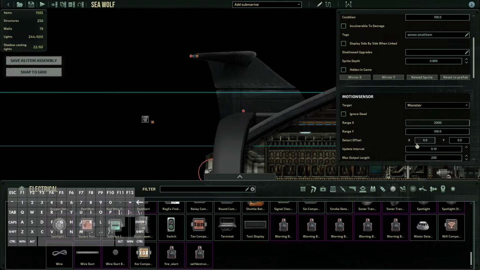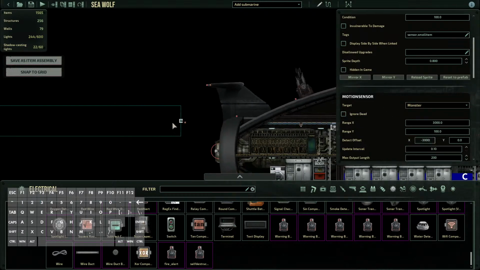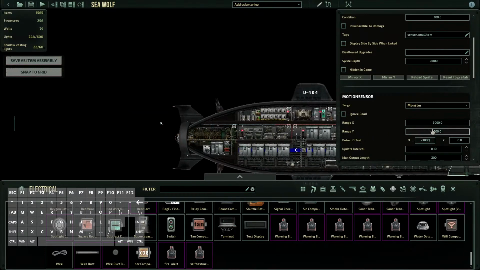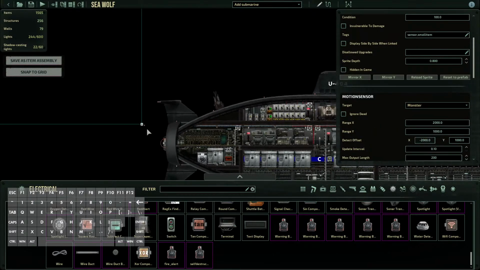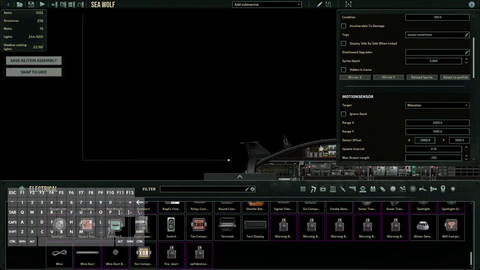Say you set this to 3000 with an X offset of negative 3000. So now you've got this big range. 3000 is kind of crazy, so let's call it 2000. Call this 1000. Now you've got this big old detector in this range over here.